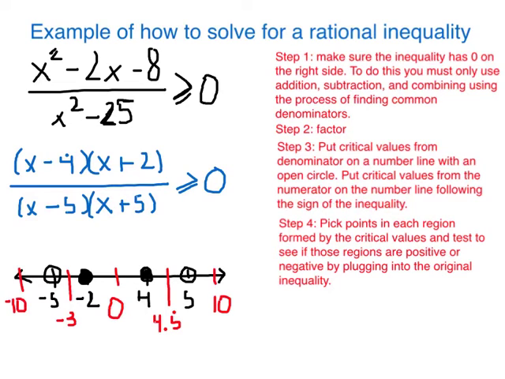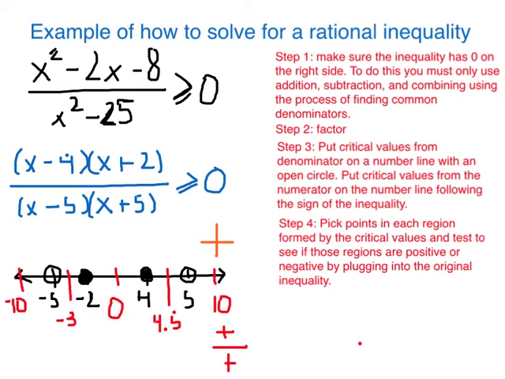So if I plug 10 into the original, I just want to know if the number is positive or negative. So I'm going to plug 10 into the top. 10 squared minus 2 times 10 minus 8 is going to be a positive number. 10 squared is 100 minus 25 is also positive. So here, a positive divided by a positive is positive.